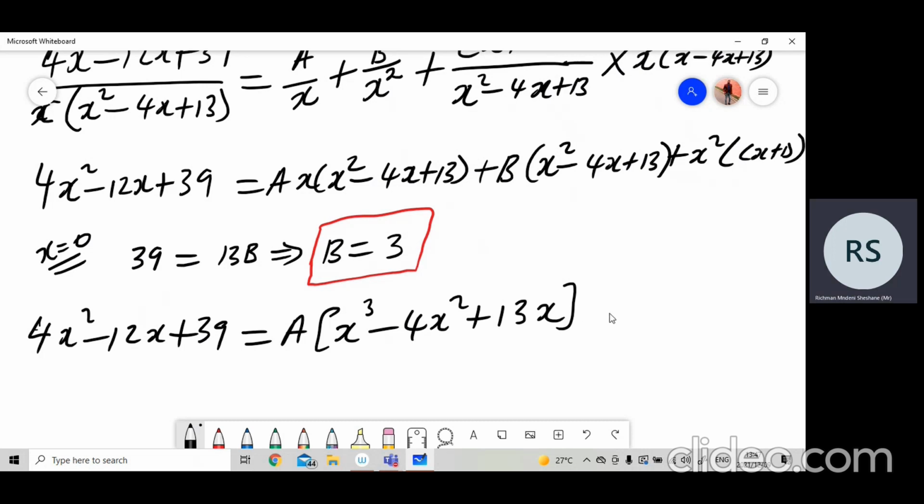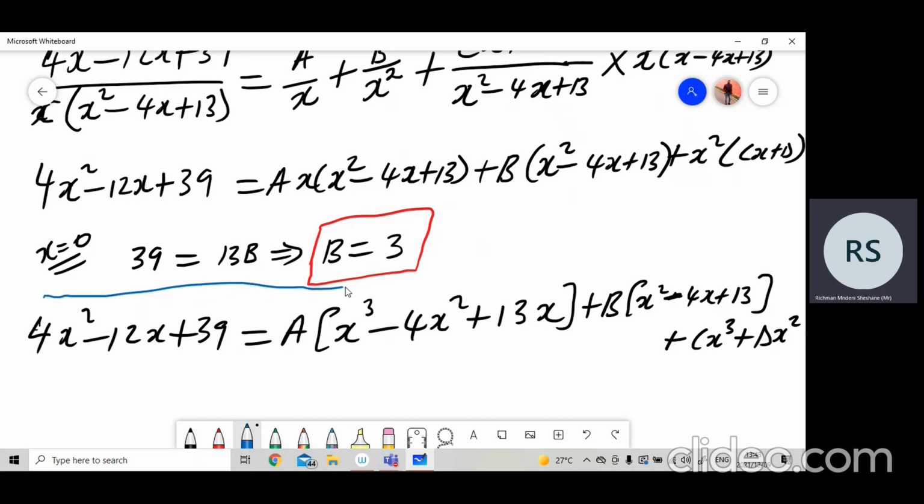When I multiply the first term by B, I can see the coefficients here, x squared, I'm returning everything as it is, plus 13. And here in the last term, I'm multiplying x squared inside there. So this would be plus cx to the power of 3 plus dx squared, okay? So I'll be working now with this expression, okay?